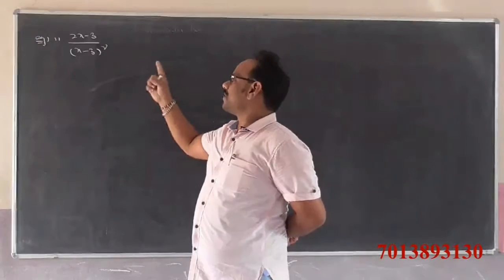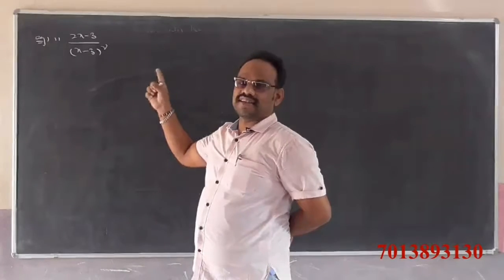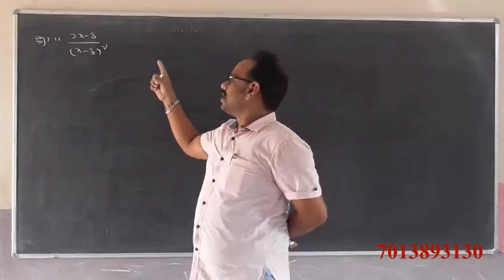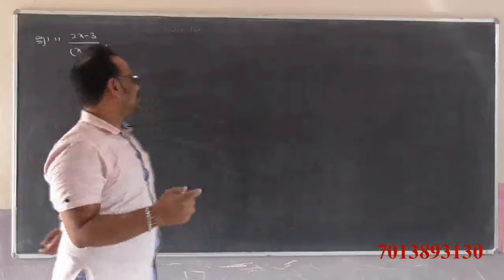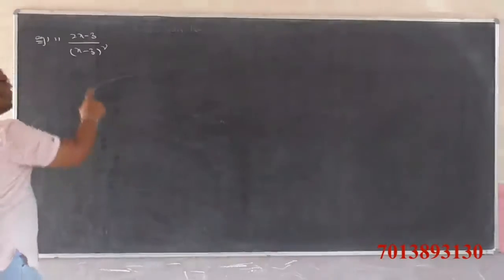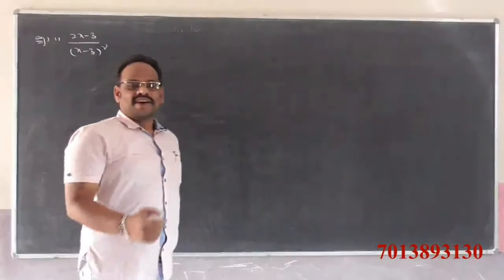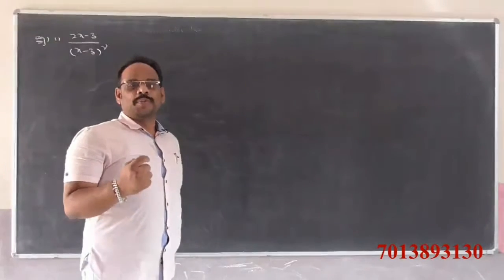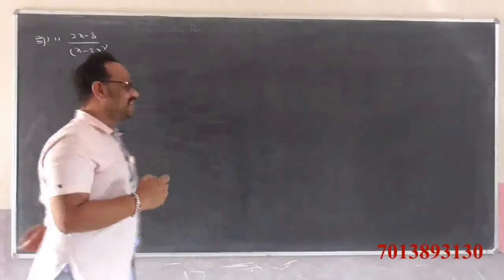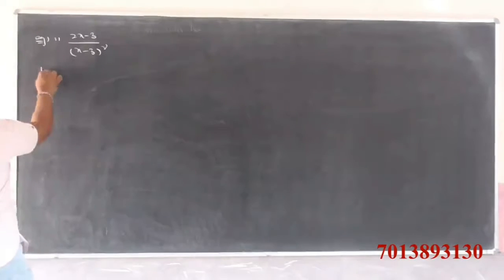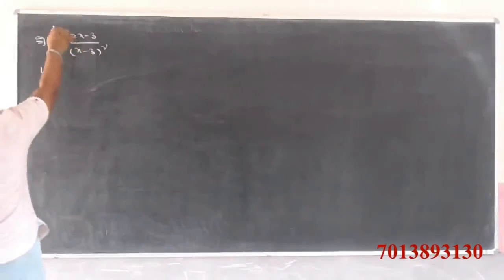The degree of f(x) is lesser than the degree of g(x), and the denominator contains repeated linear factors. How to convert it into partial fractions?